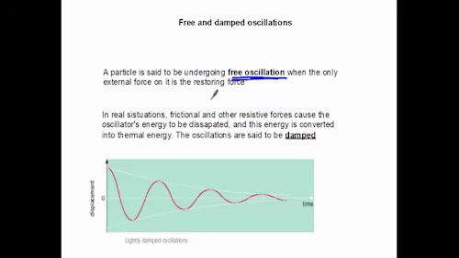Like when we talked about a simple pendulum and we considered that the restoring force is acting on the object when it is away from the equilibrium position, it will always try to return the object back to the equilibrium position. So this was a kind of free oscillation.